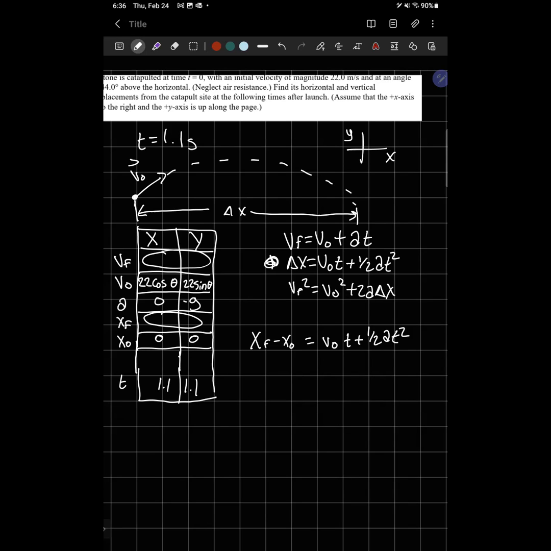So let this be X, that's going to be 0, and that should be 0. So we end up with X final equals V naught T.